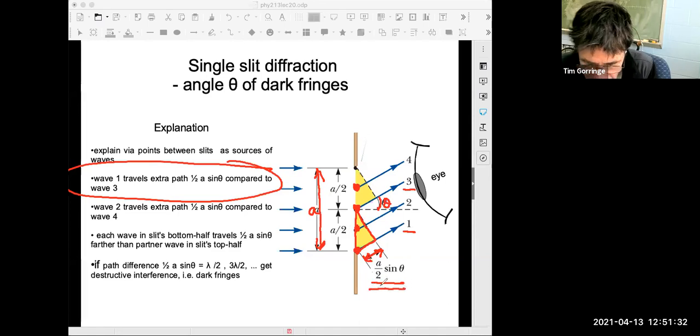It's a/2 times sine theta. So that's the extra distance. And that's just a little bit of trigonometry to figure that out.